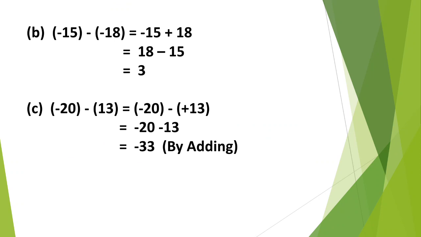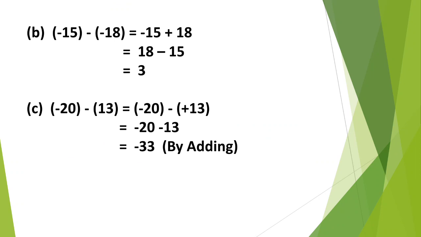Look at the third one. Minus 20 minus 13. 13 is a positive integer. Here I am denoting plus. Minus 20 minus into plus, different sign, will get minus. Minus 20 minus 13. Here we are having minus 20 minus 13.